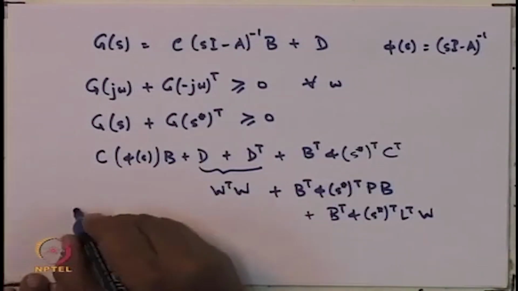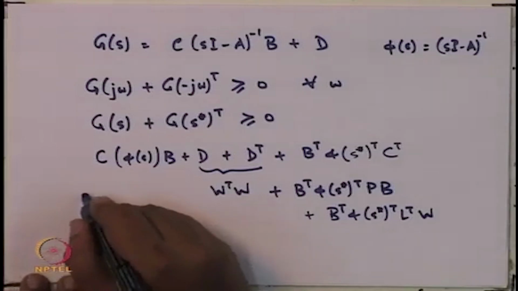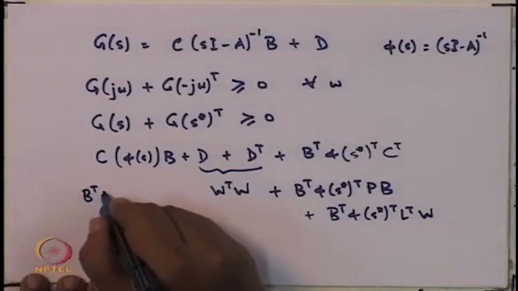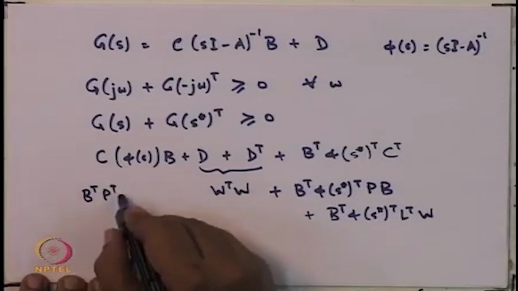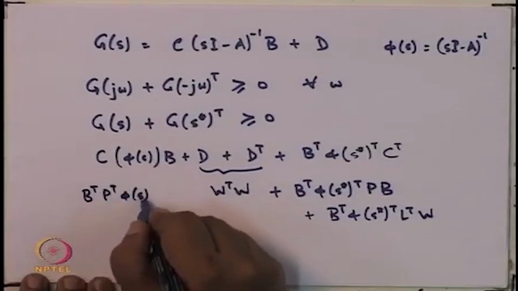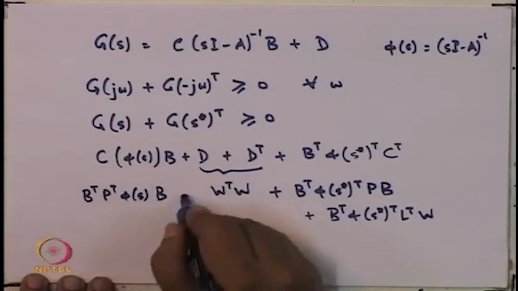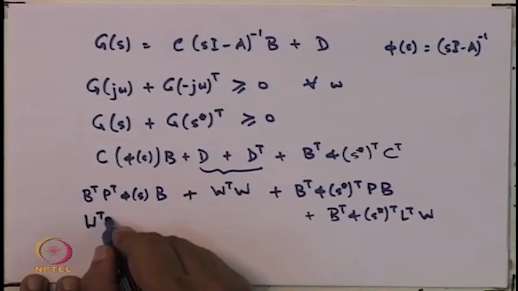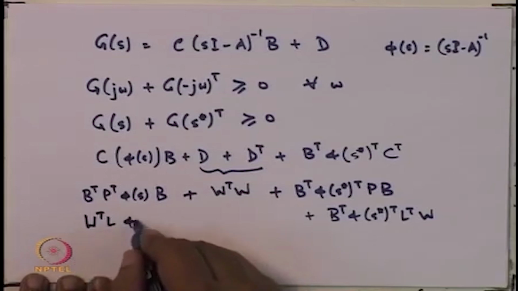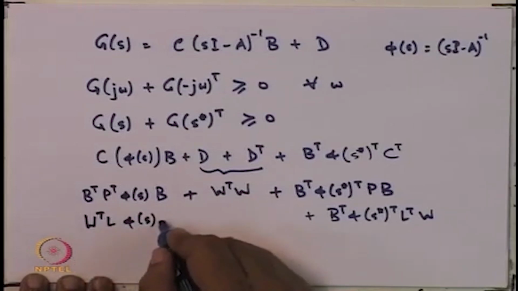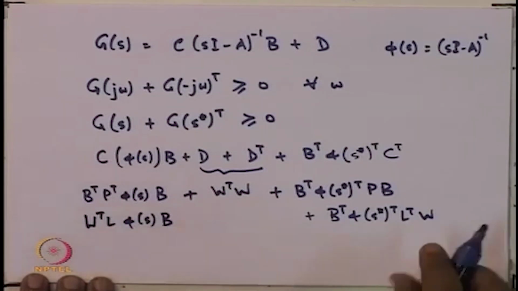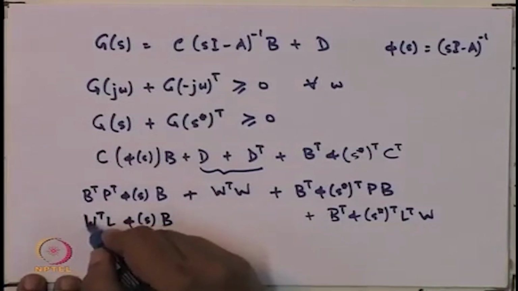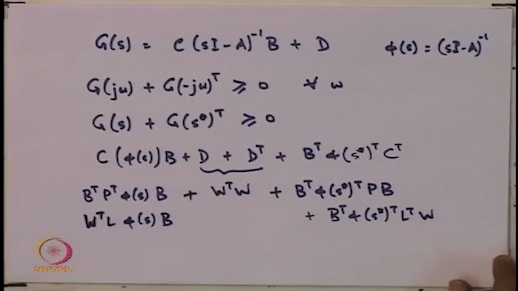Okay, so maybe I should just write them down. So, I will get another term B transpose P transpose phi(s) B, and one more term which is W transpose L phi(s) B.